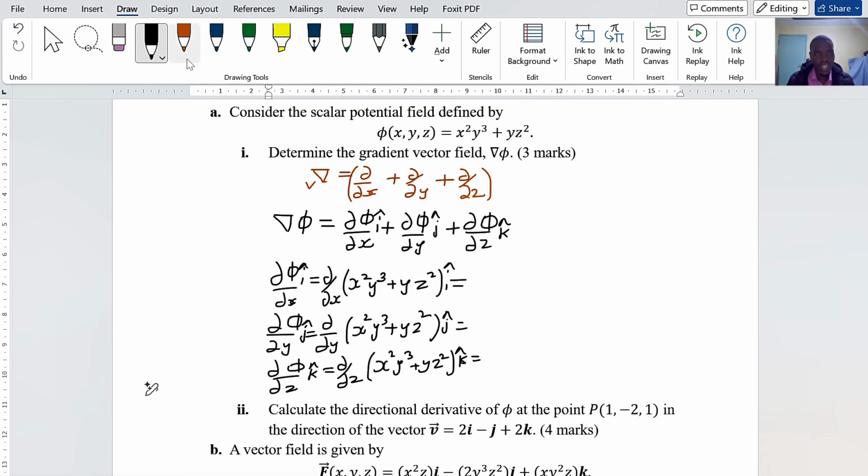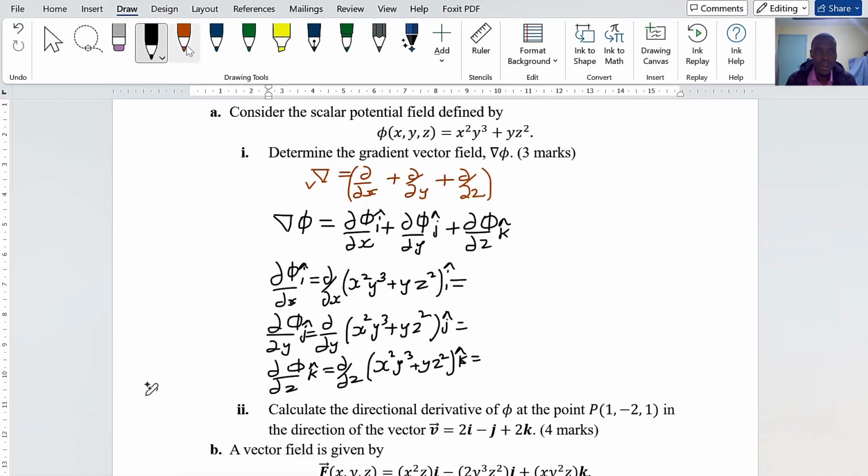Okay, so let's see. Now we need to differentiate our phi with respect to x. So it means where x is missing is a constant, and differentiating a constant is 0. So we only observe x in our equation. So in the first term, x is squared. We don't touch y because we are differentiating with respect to x.